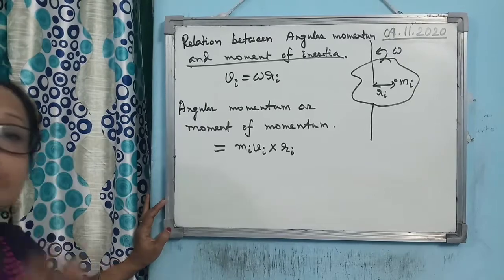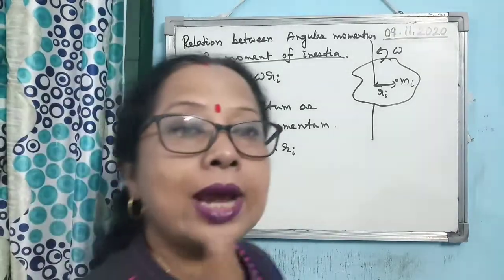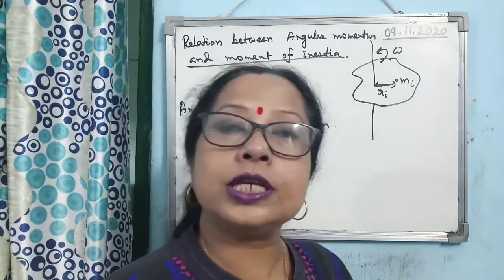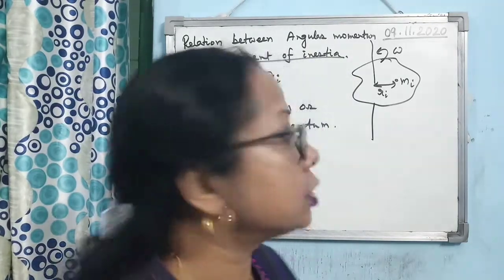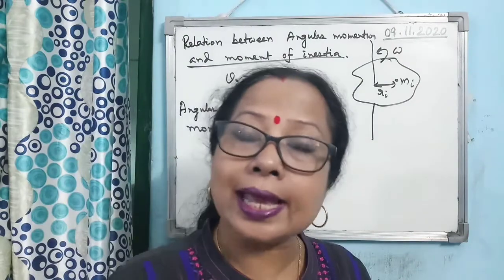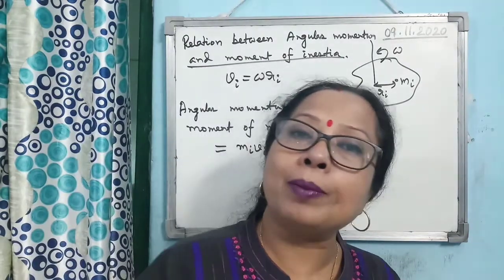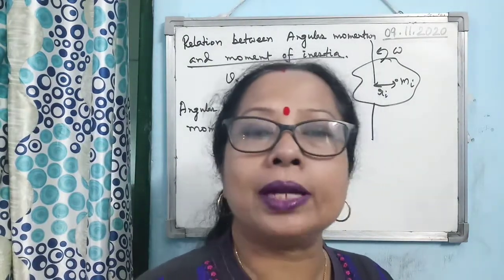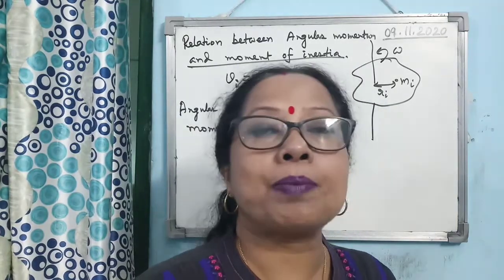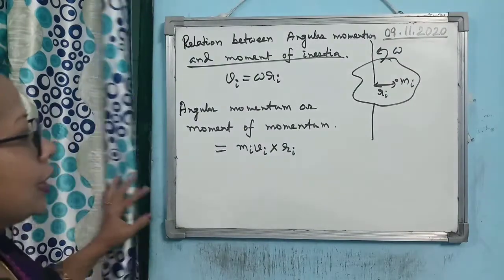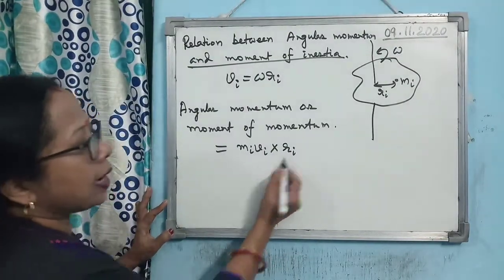Is that clear? Try to remember that moment of force is force multiplied by the perpendicular distance of the line of action of the force from the axis of rotation. Like that, moment of momentum will be linear momentum multiplied by the distance of the particle from the axis of rotation. So you can write it as m_i v_i r_i.